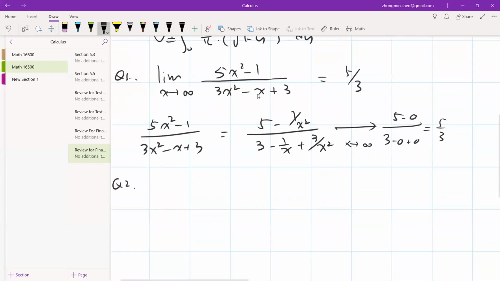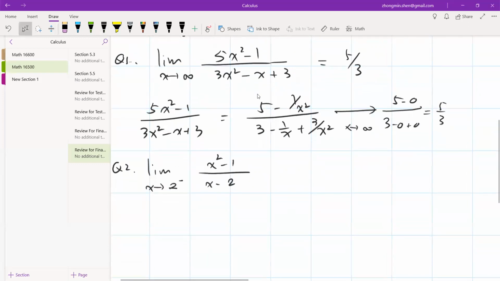Now the next problem is about the one-sided limit. Okay. The one-sided limit here would be x squared minus 1 in the numerator, and here x minus 2. So how to analyze this? Okay.